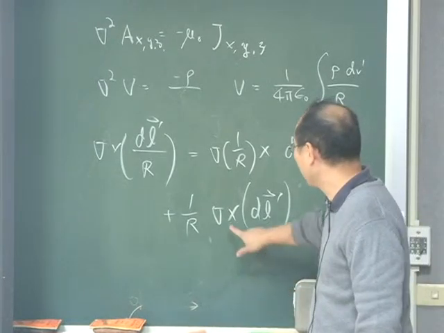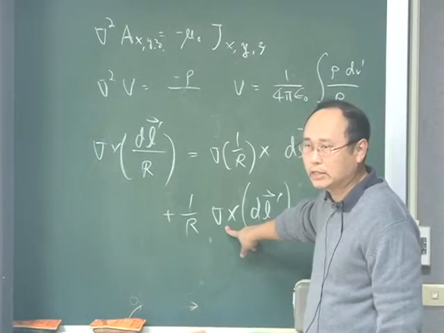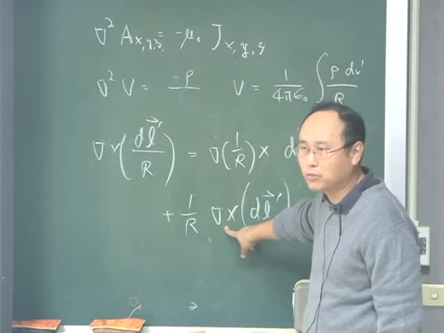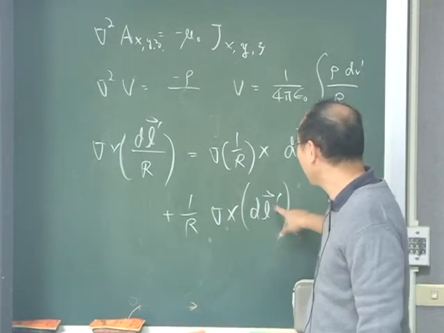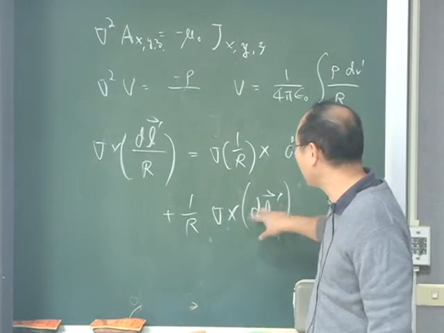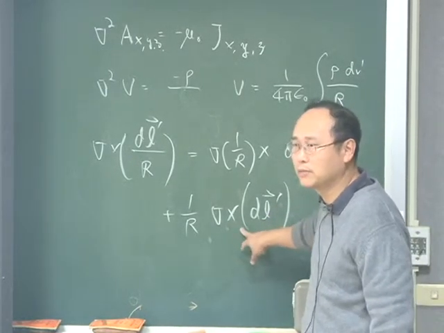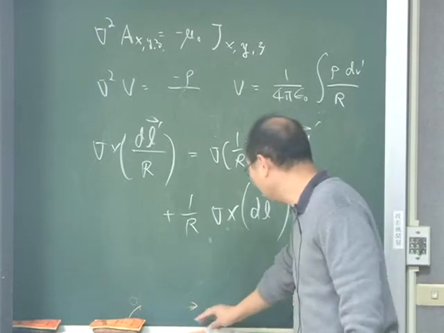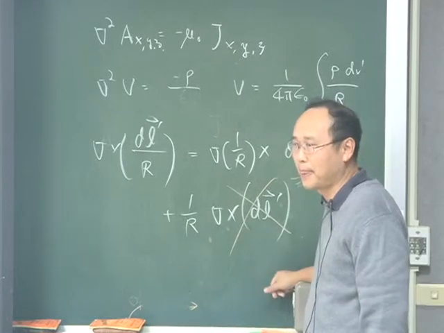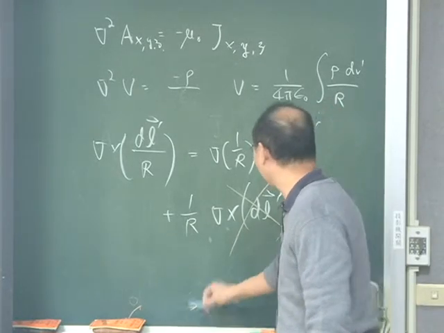But this differentiation is taken in the unprimed coordinate system, and the prime coordinate system goes with the source. These are two different coordinate systems, so this differentiation basically gives you 0. So you only have to do this.